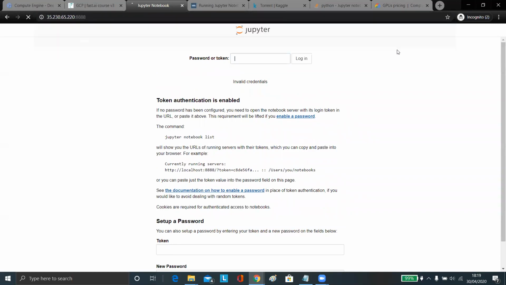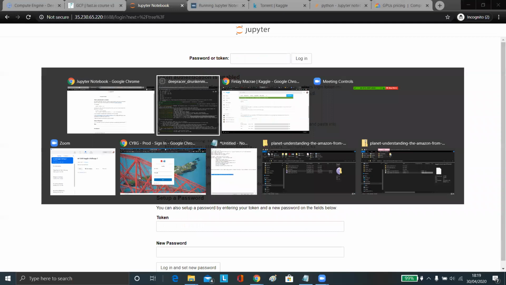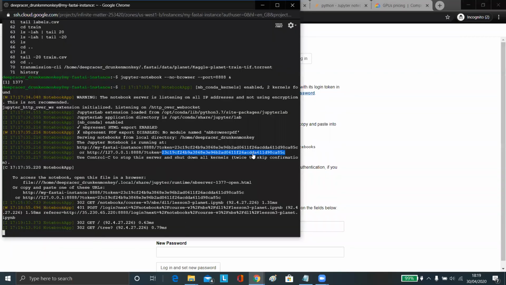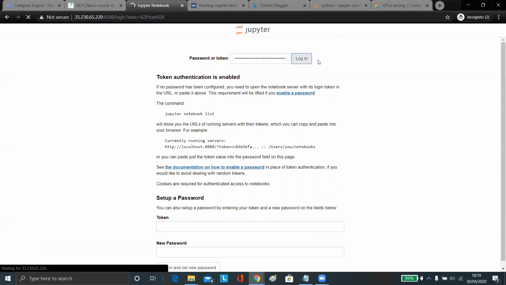Let's try that again. Am I copying and pasting the token incorrectly? If anyone spots me doing something stupid, just shout it out. You should be able to just paste that in there and click log in. Yeah, that's looking more like it.